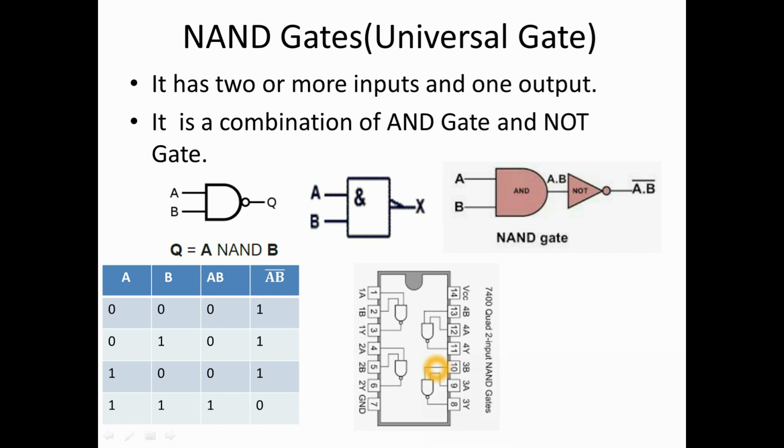The IC for the NAND gate is 7400. The 74 indicates the TTL logic family and 00 indicates the NAND gate. It consists of four 2-input NAND gates, so the name of the 7400 is quad 2-input NAND gates.